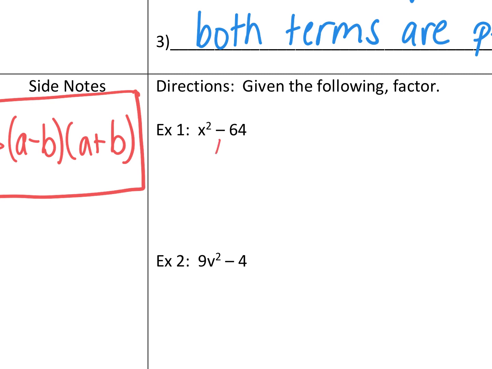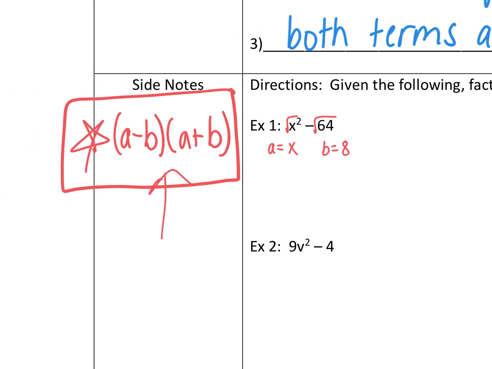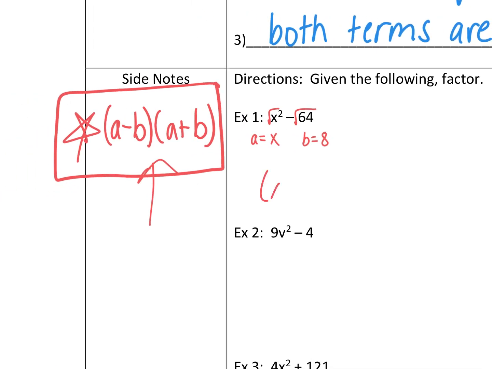I have a subtraction sign in between them. And last but not least, are they perfect squares? Let's find out. Can I square root both of these terms? The square root of x squared is just x. We'll call that a. The square root of 64 is 8. We'll call that b. And again, this is my formula right here. So my final answer would just be x minus 8, x plus 8.